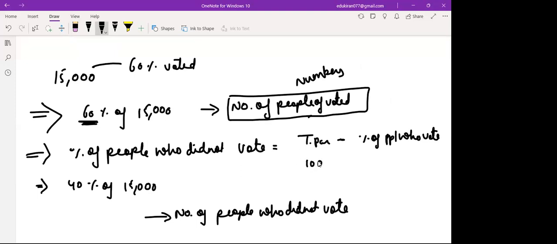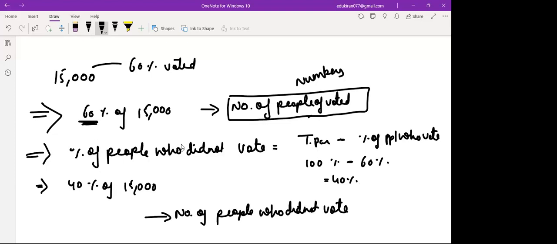Total percentage is 100. 100% minus how many people voted? 60%. So from here you got 40%. Then you will write this 40% of 15,000. From here, you will get the number of people who did not vote. Ma'am, after we are done with the exercise, can we note this down?